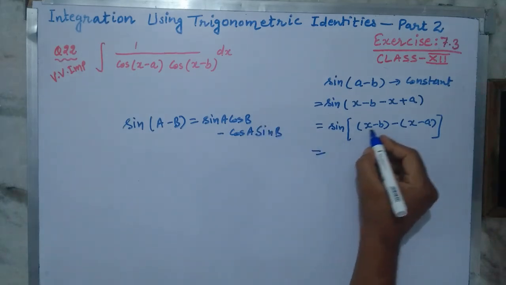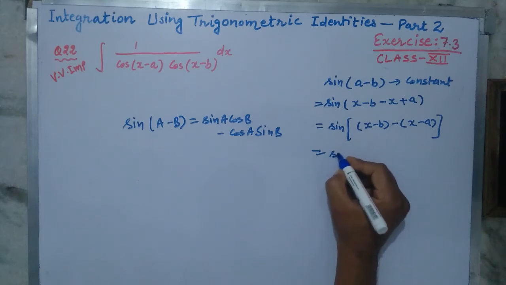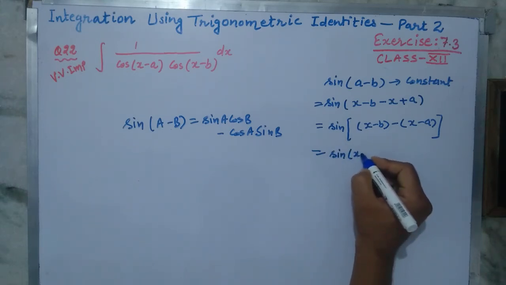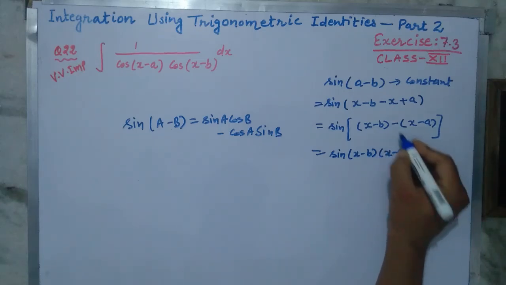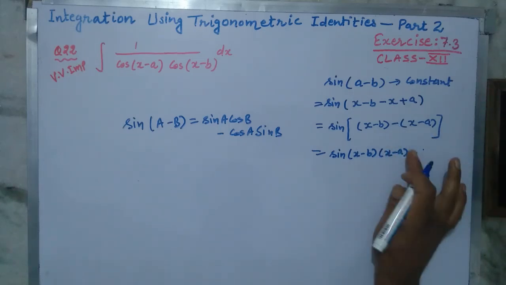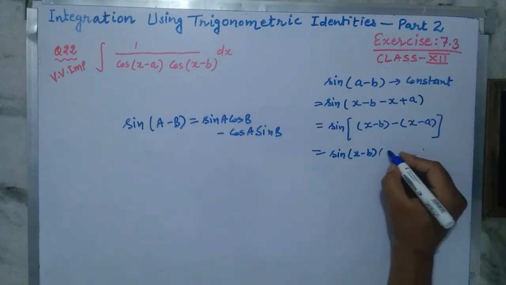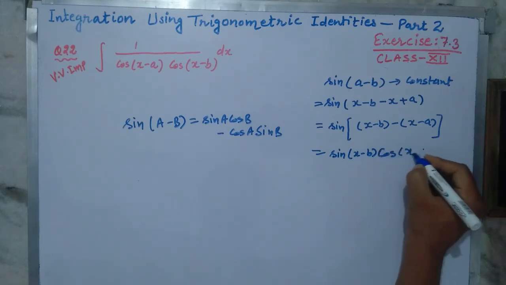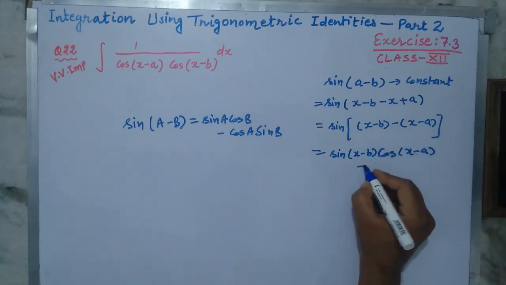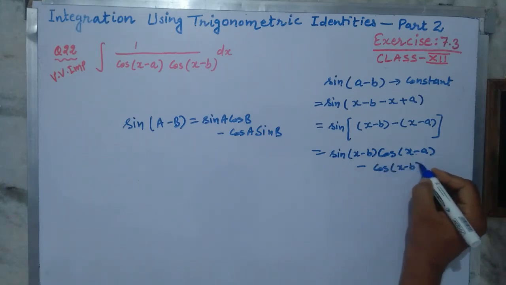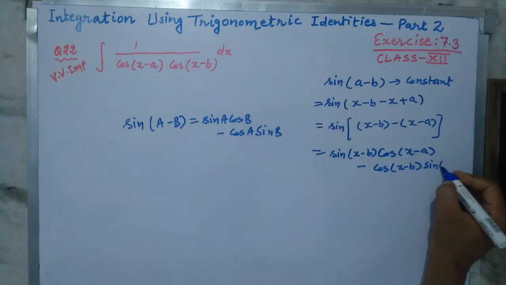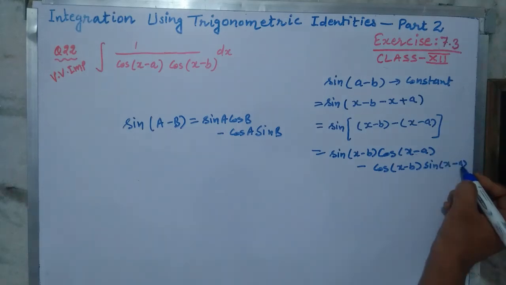So accordingly this is equal to sin(x minus b) cos(x minus a) minus cos(x minus b) into sin(x minus a).